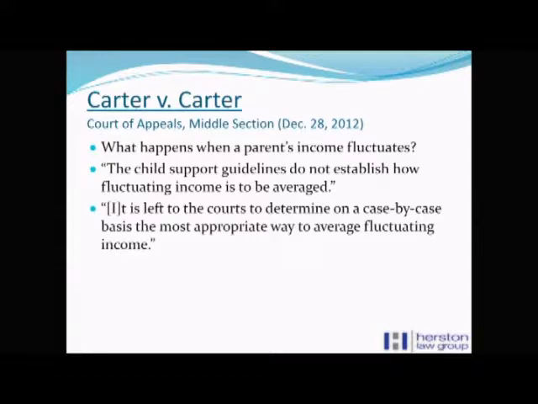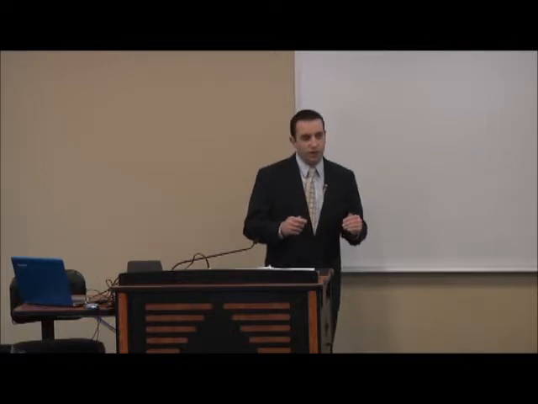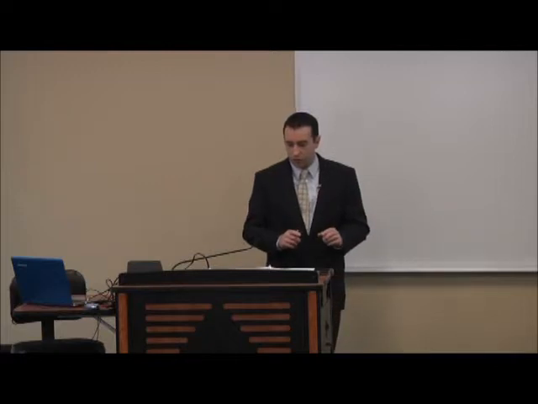Well, lacking an abuse of discretion, mother could not show legal support for her method, so the trial court's method was upheld. I think what we should remember from this case is that averaging fluctuating income is within the trial court's discretion. So, if you can supply your trial court judge with a reasonable method for them to calculate or average out that income, then you may be able to sway them.